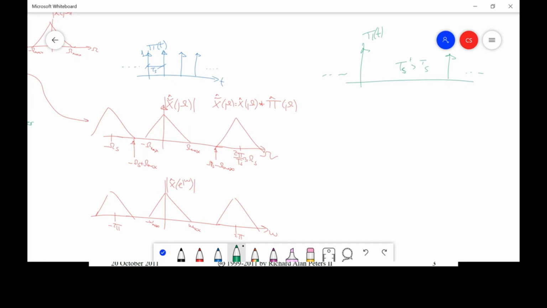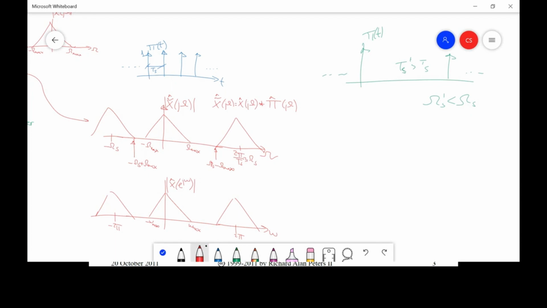But what will happen? If Ts prime is larger, how is omega s prime? Is it larger or smaller than omega s? It is smaller than omega s. And I have to copy the spectrum of x every omega s prime now, so the copies will become closer.